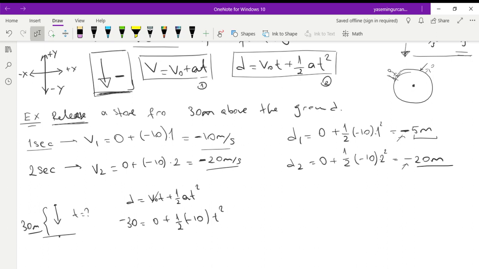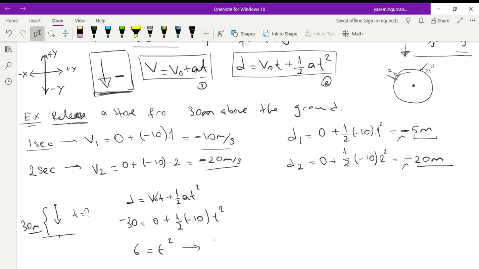So here, again, both sides of negative means you can basically multiply both sides with -1 or divide both sides with -1. You can do the same thing as long as you do the algebraic multiplication or division to both sides. So in this equation, what I find is that if you multiply 2 both sides and divide with minus 10, you get 6 is equal t squared.